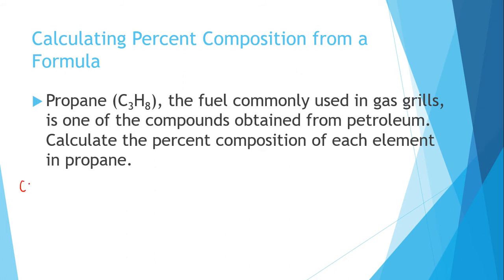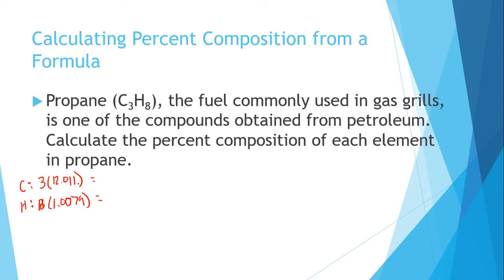So that's why when I do molar masses, I've always set them up this specific way. I have 3 carbon, I have 8 hydrogen. Carbon's number is 12 on the periodic table. Hydrogen's is 1.0079.